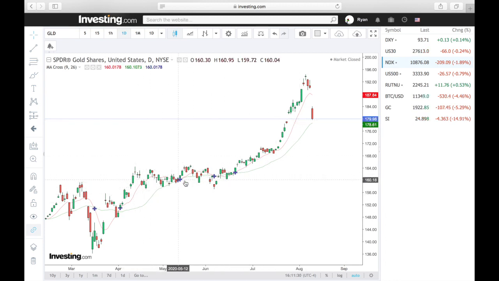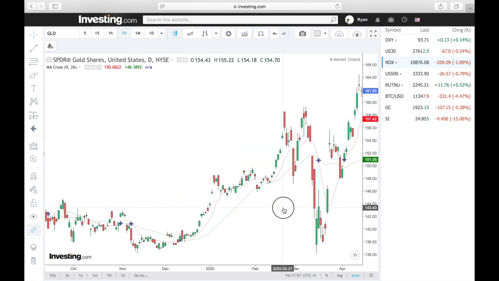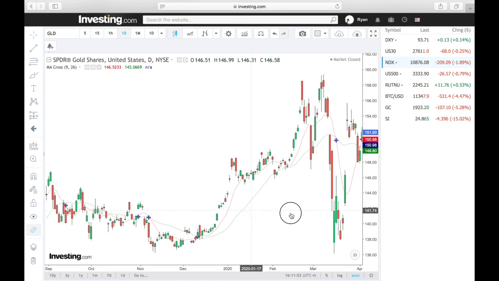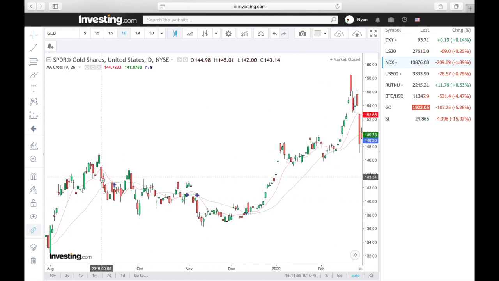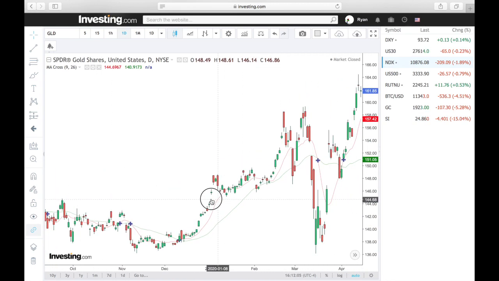So from April to June, we saw sideways trading, and then we have about a month and a couple of weeks of bullish growth, and then now we have this severe retracement. Let us compare that to the retracement that happened in March, and let's see if we can find any parallels. So again, we saw some sideways trading right here. This one was 3 months, from September of 2019 to December of 2019.